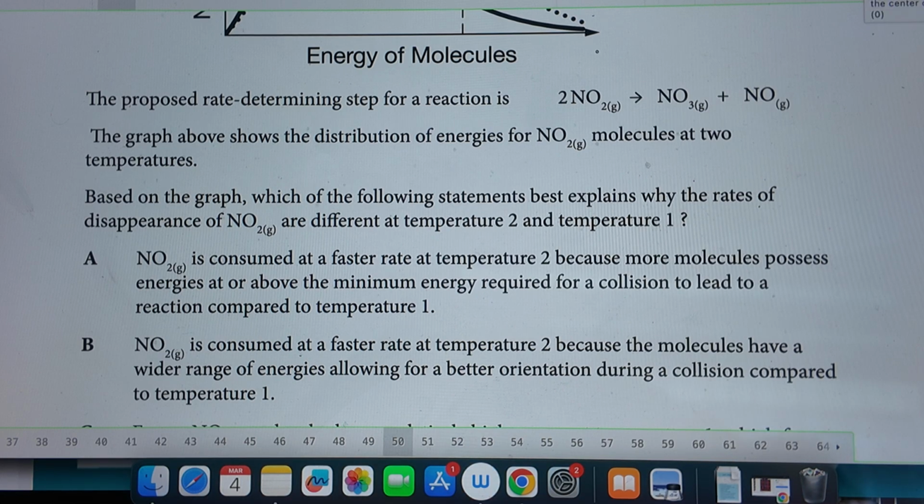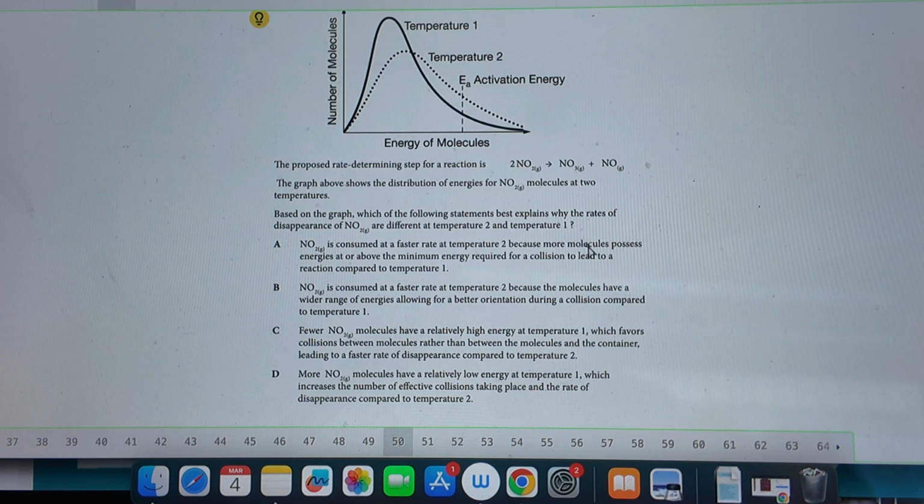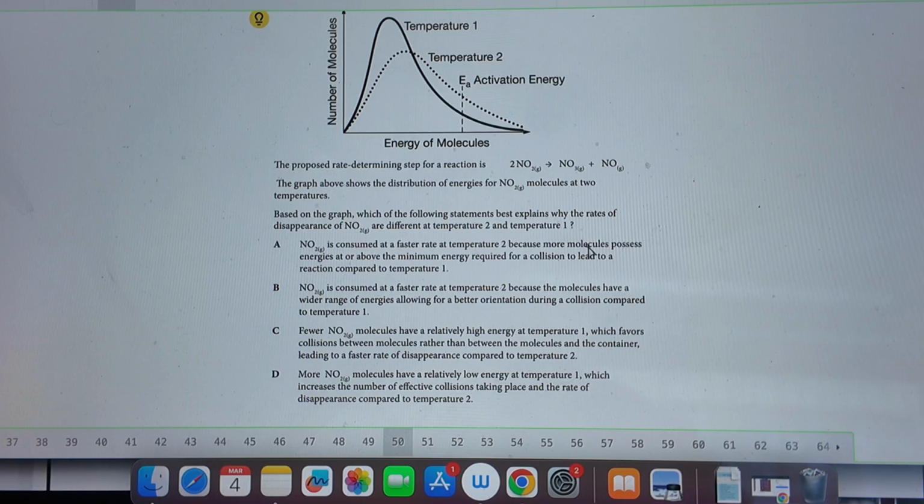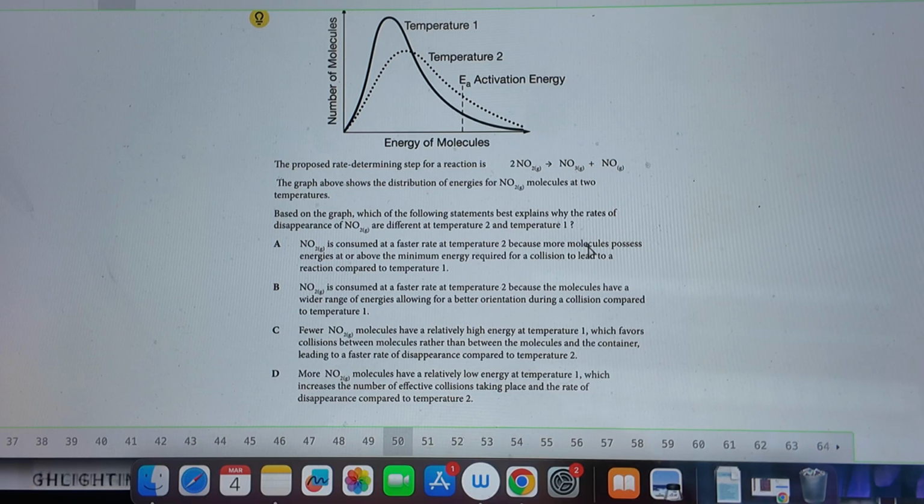Maybe it'll help if I zoom out a little bit so we can see the whole question. Based on the graph, which of the following statements best explains why the rates of disappearance of NO2 are different at temperature 2, where there are fewer molecules, than at temperature 1, when the temperature is higher?